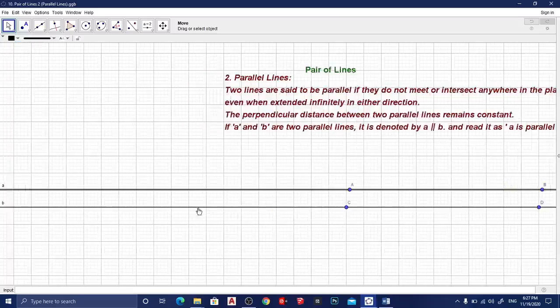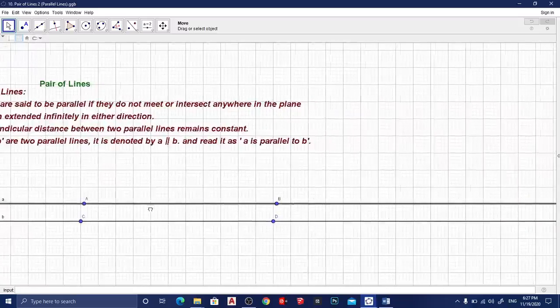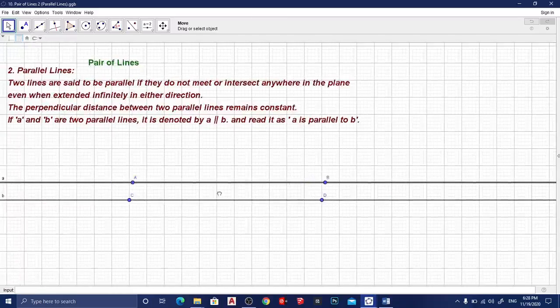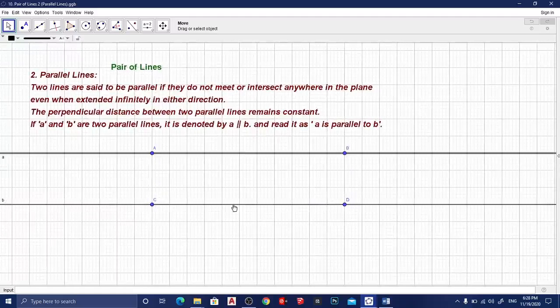If you move in any direction, they will have a common perpendicular distance between them. That is the property of parallel lines. If I move this to the upper side, these two lines have a constant perpendicular distance between them, which is 3 units here.